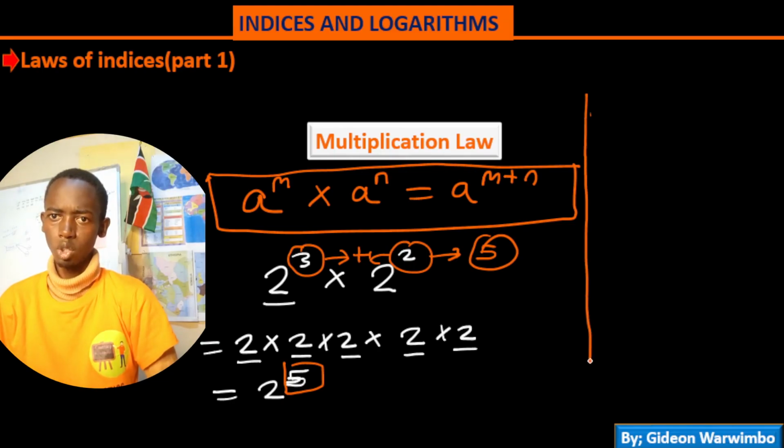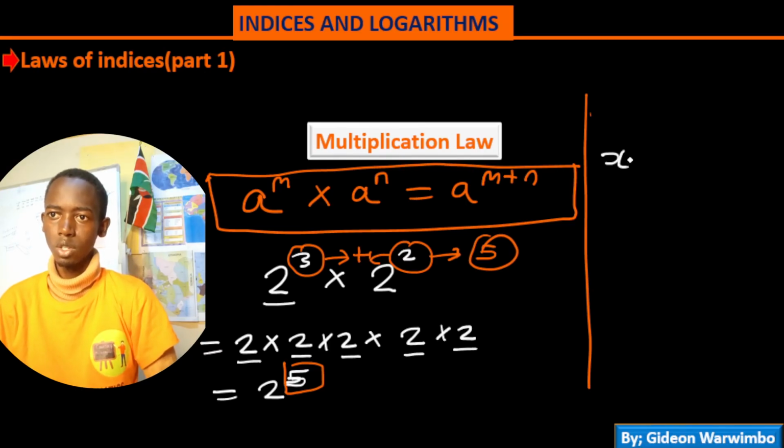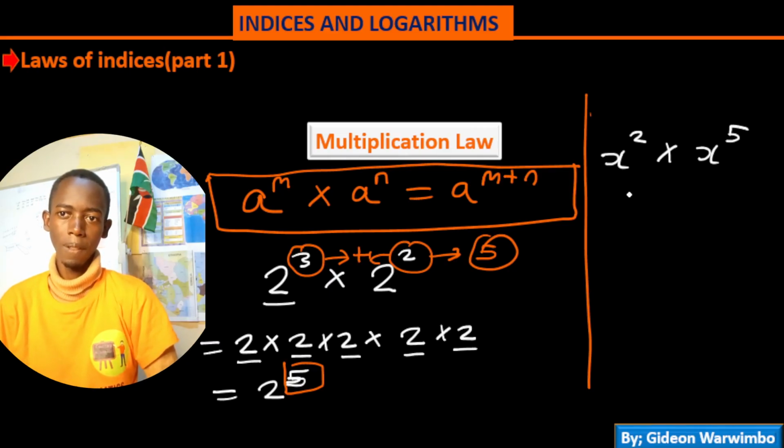Just to ensure that you've really understood how it works, let me give you another final example before we move on to the next law. Suppose you have x to power 2 multiplied by x to power 5. What do you think could be the value of this?